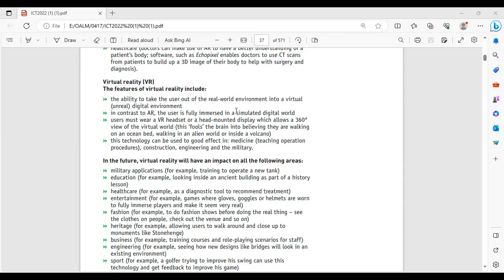It's just more like a concept. In construction and engineering, engineers can know which parts are faulty and which parts have to be restabilized. And in the military, of course, they can run operations with this type of technology. Good, very good. So, is this clear to you? Virtual reality?